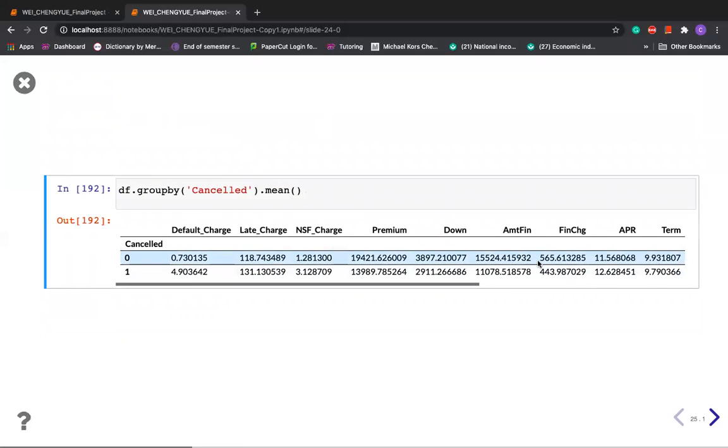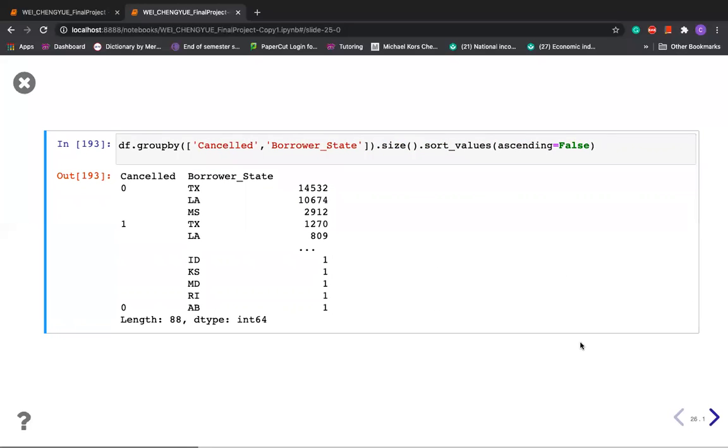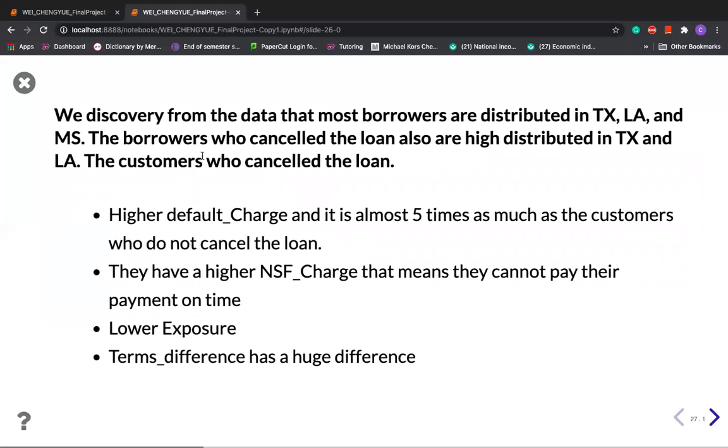So we can look at our table here. Looking at the default charge, there is a big difference. So we can say that the default charge and also the NSF premium probably impact the customer's decisions. We also discovered from the data that most borrowers are distributed in Texas and LA.